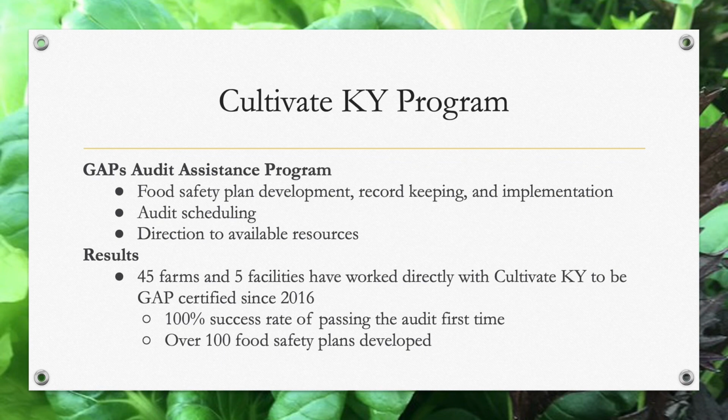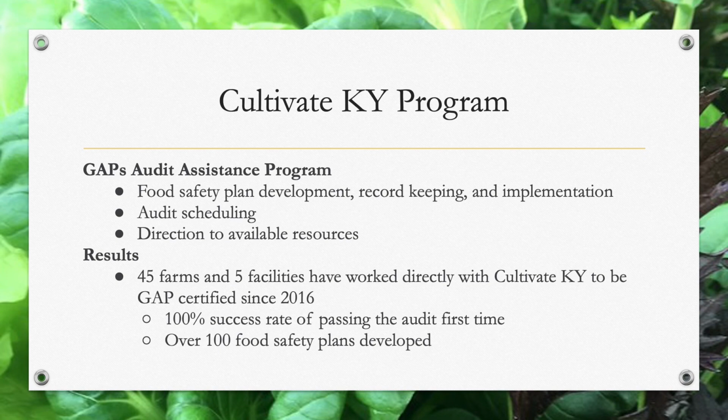You can develop your food safety plan to match your operation. Very few things are set in stone with a GAP audit. It's all about assessing your risks and how to prevent them. Record keeping templates, logs, food safety plan templates are out there, and we can develop them to match your operation and work for you. Then the next step is essentially implementing that stuff.